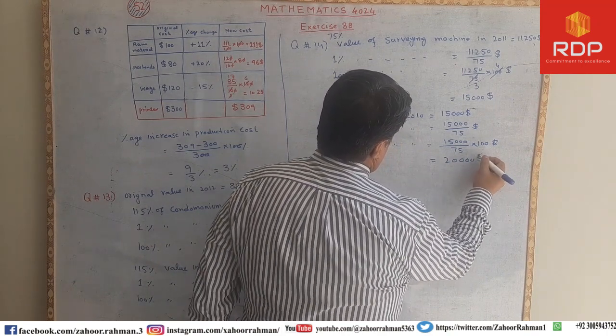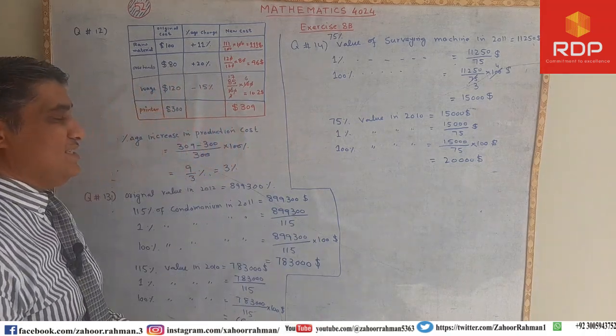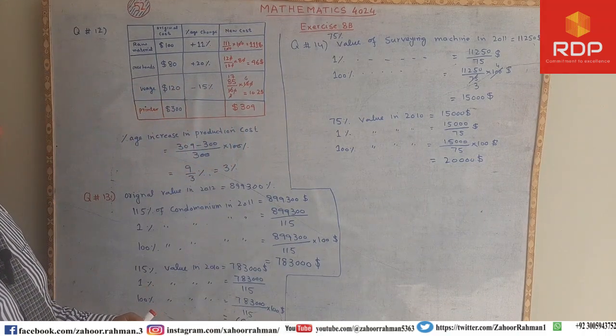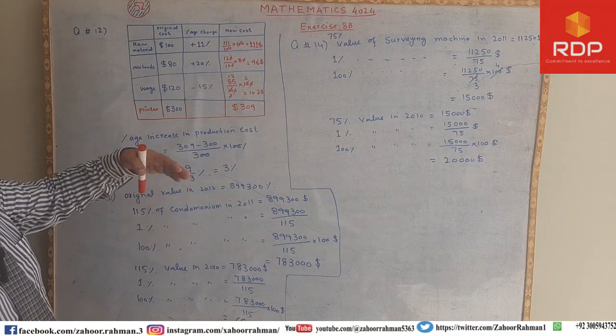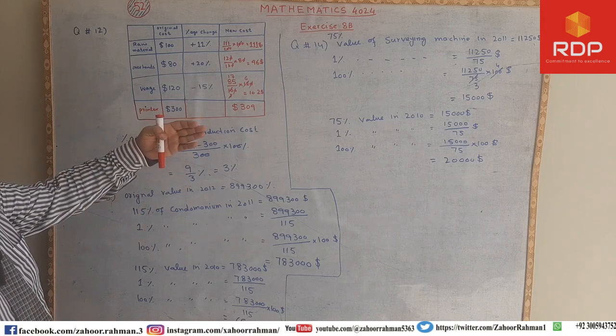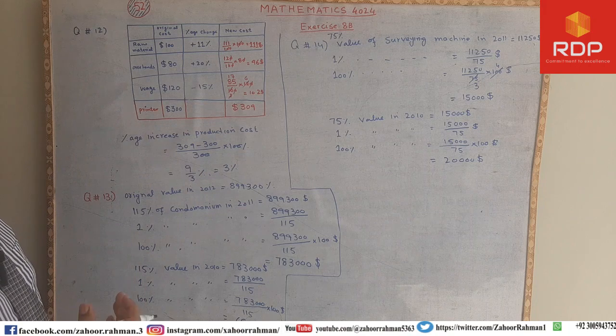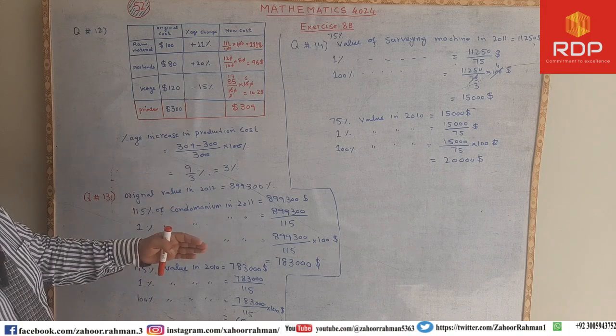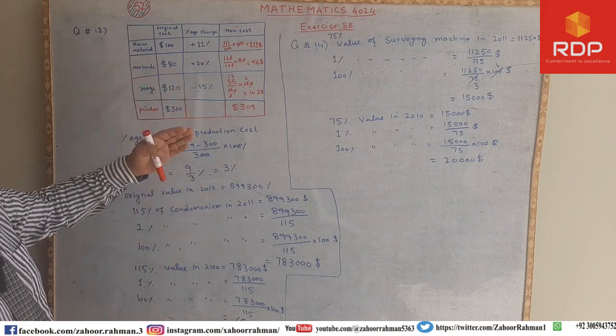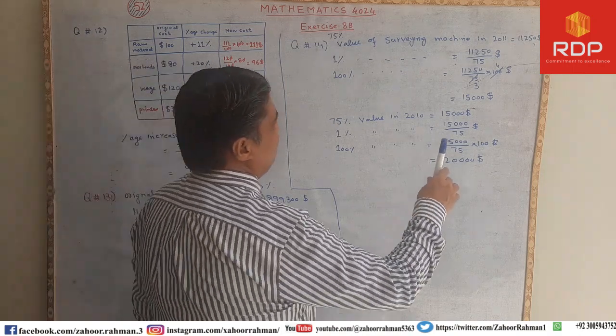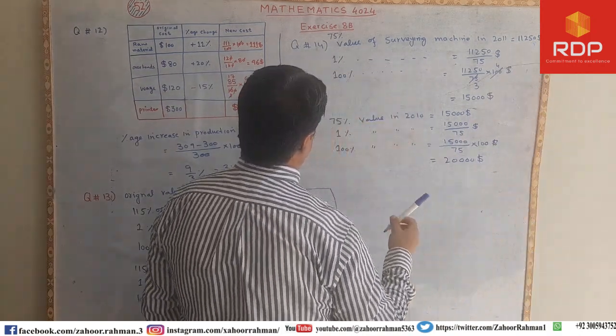So 20,000 was in 2010. It depreciated by 25% in 2011, and that was 15,000. And 15,000 was depreciated from 2011, and the original value was this one.